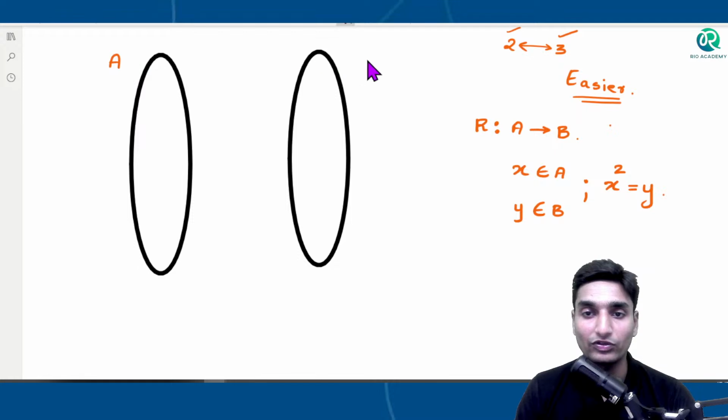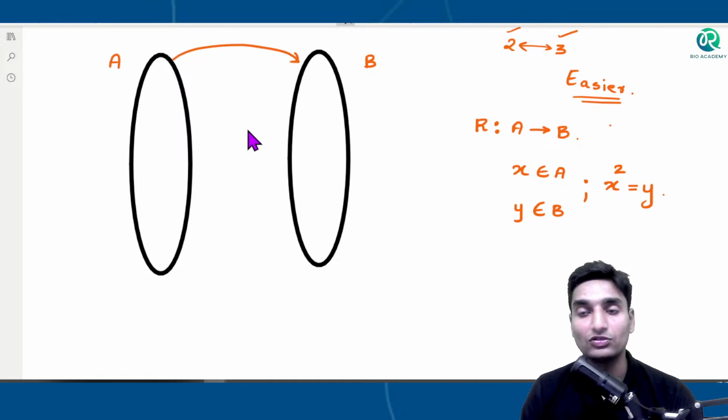Suppose I'll take this set or group to be A and this group to be B. Now here we have defined a relationship from A to B, correct? And what is that relation?